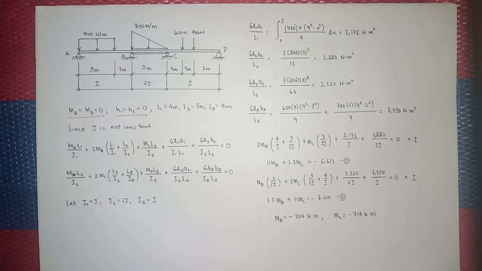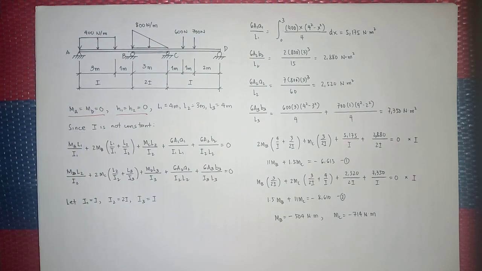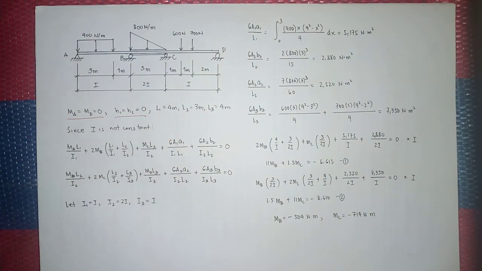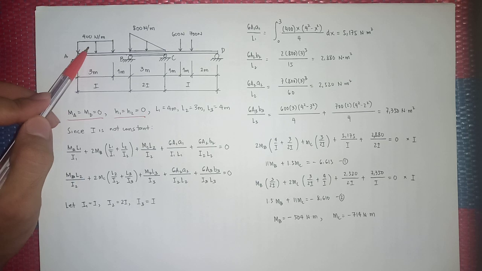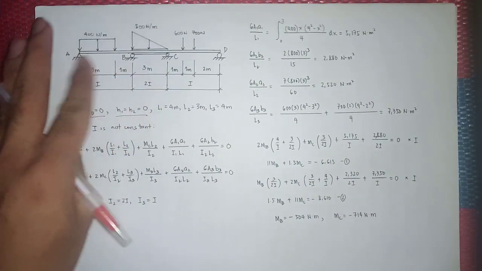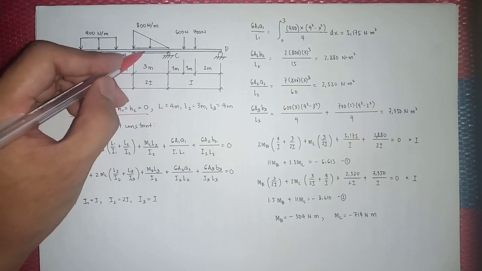Okay. So we're going to let I1 is equal to I. Siyempre, ito yan, no? I2 is equal to 2I and I3 is equal to I. So, ito naman yon. We need to compute the 3 moment factors for the left span dito. So, kung dito ka sa span na to, itong dalawang to, this is a left span and this is a right span.